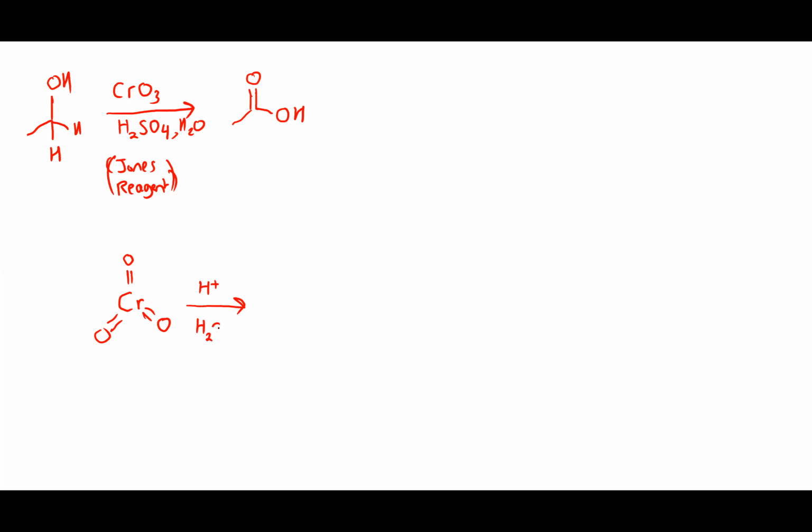Here's a rule of thumb. If there's a charged thing anywhere, and especially H plus, which is hidden, it says H2SO4, but that's H plus, use that first. Normally when you add acid to a reaction, you add it to initially raise the energy of something so something can happen.